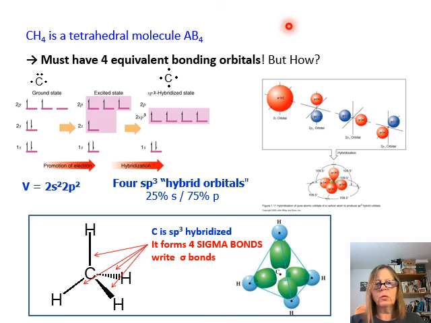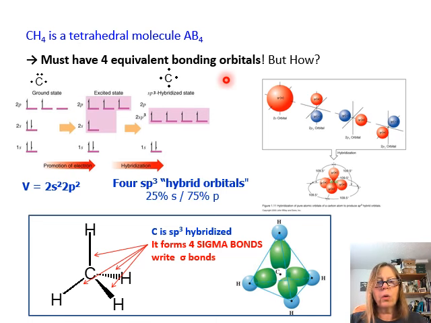These orbitals point to the 4 points of a tetrahedron. The small lobe points inwards and the big lobe points outwards. They have 25% s character and 75% p character. Again, remember s-p-p-p.